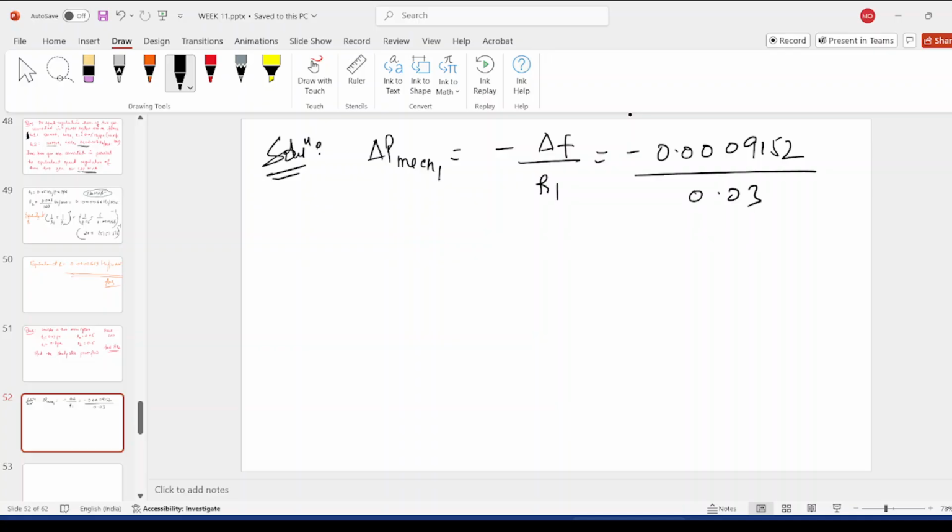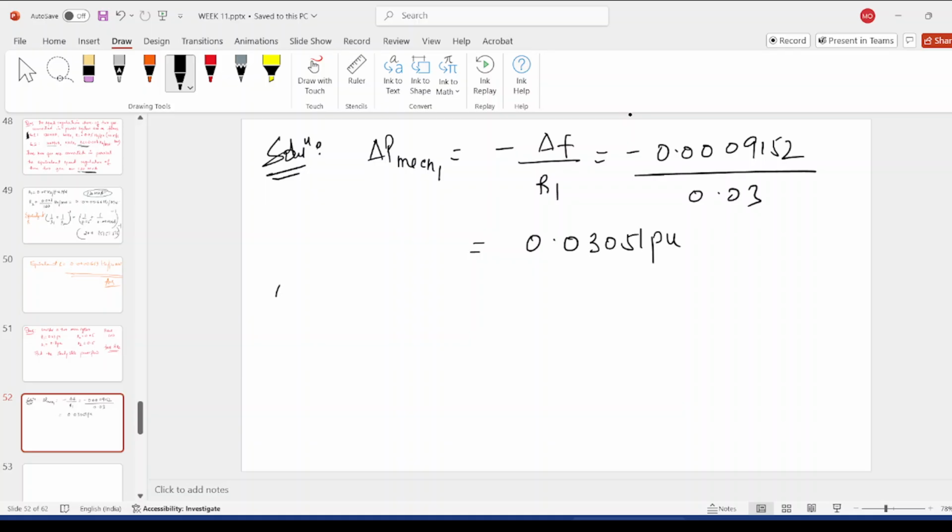Now moving on, this value comes out to be, let me calculate it first, 0.000952 divided by 0.03. It comes out to be 0.03051 per unit.